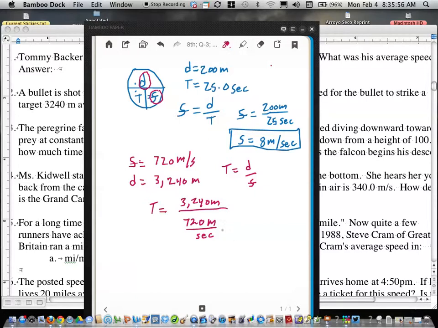So what do you do when you have a fraction under a fraction? What's the rule? Kobe. Simplify by sides. Have you heard the words invert and multiply? Invert. What does invert mean? Sam? Flip it.